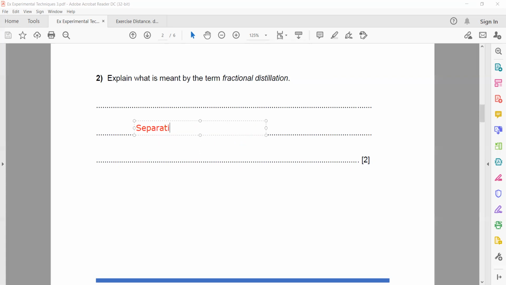Separating two or more miscible substances on the basis of boiling point. This technique is known as fractional distillation.